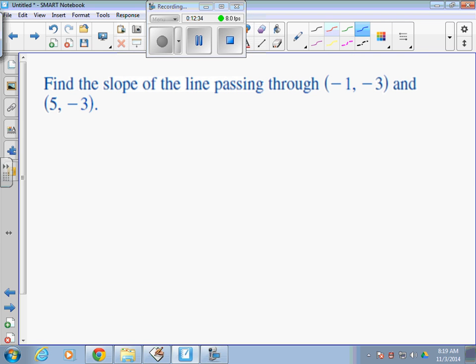Okay, find this slope. Again, here's your slope formula. The change of y over the change of x.